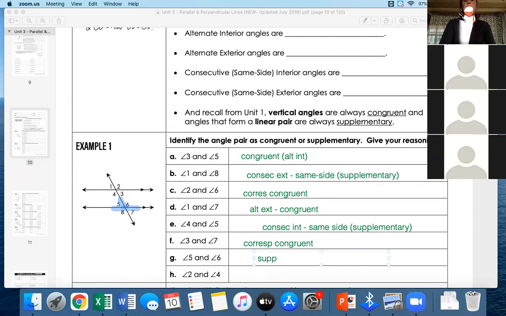There's no angle pair. Then we have 2 and 4. They're directly across from each other, so they're vertical, which means they're congruent, but there is no angle pair that goes with them. Okay, so go ahead and take a screenshot of that and add it to your notes.